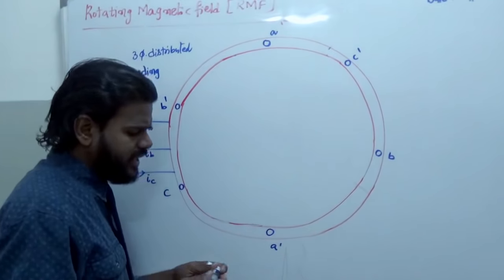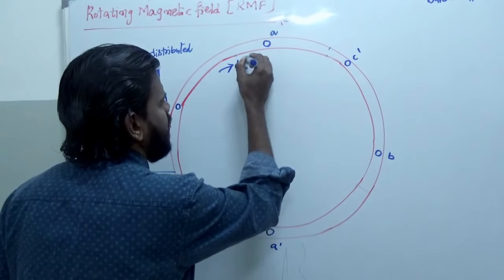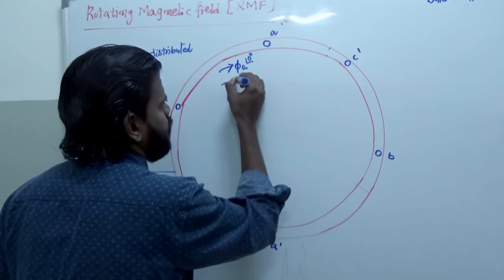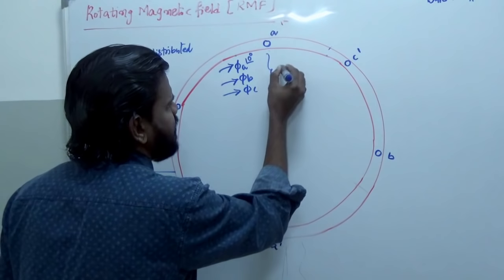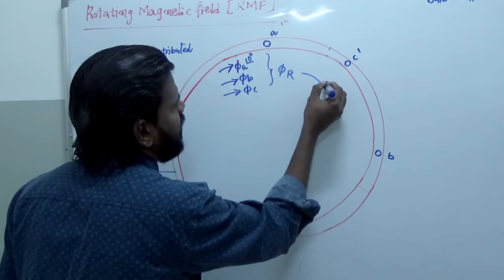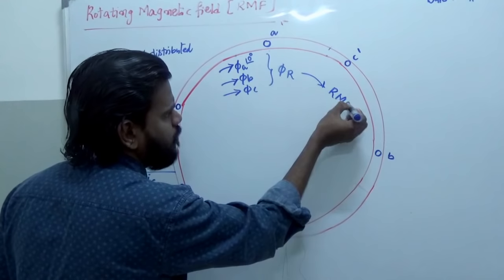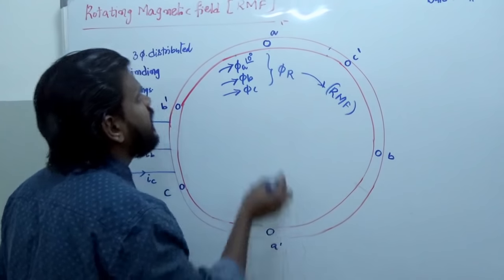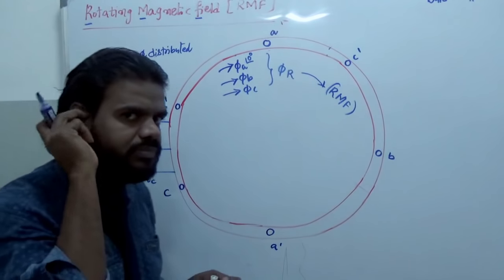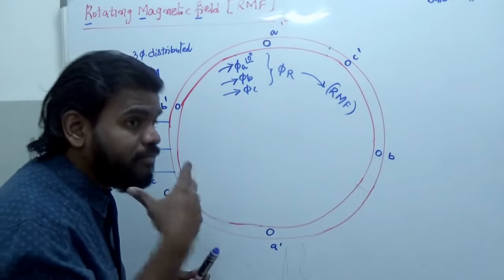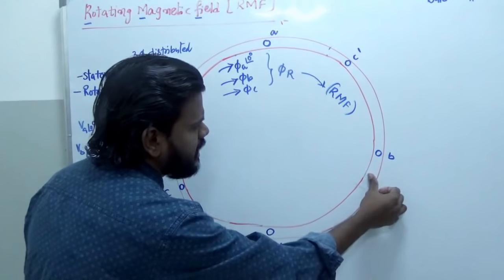As we have just learned, we'll have three-phase fluxes phi A at an angle 0 degrees, phi B, phi C, and the resultant will be phi R, which will rotate in the air gap. That's why this is called RMF. What is RMF? Rotating magnetic field. Now we're going to evaluate how it is going to rotate. Let us start the understanding now.